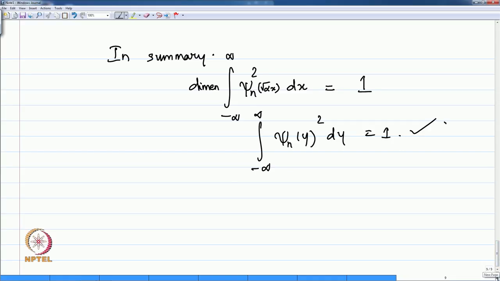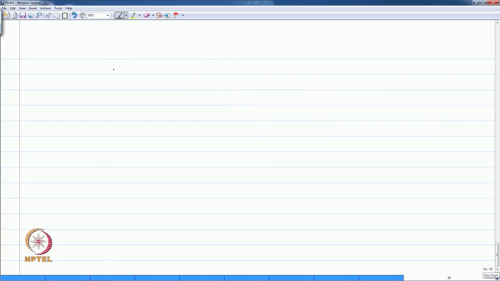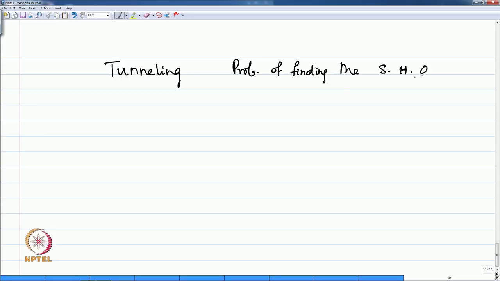Okay. Second, tunneling: probability of finding the oscillator, the simple harmonic oscillator, in classically forbidden regions is non-zero.